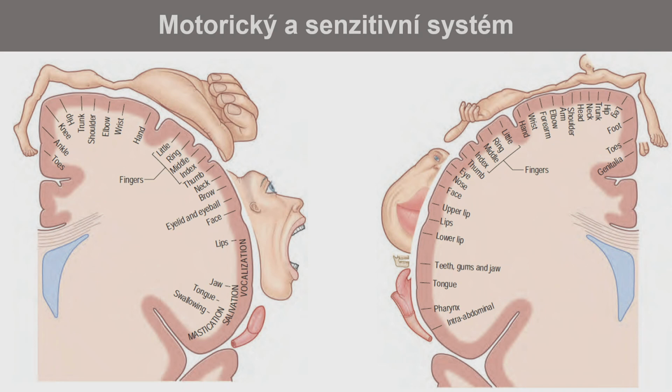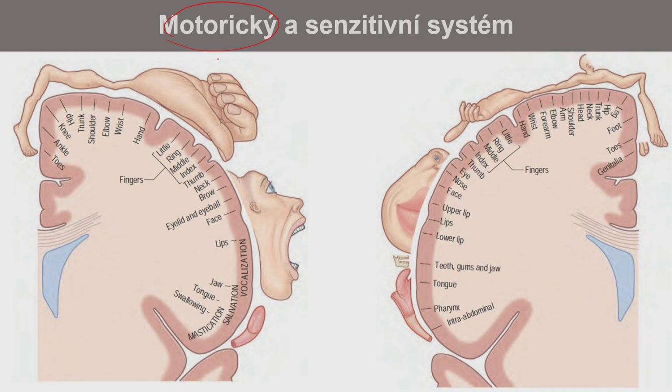A short repeat of the most important thing from the last lecture on one slide. Please remember that we have some distribution of somatotopic regions within the two most important gyri for motion and sensation. So they are precentral and postcentral.